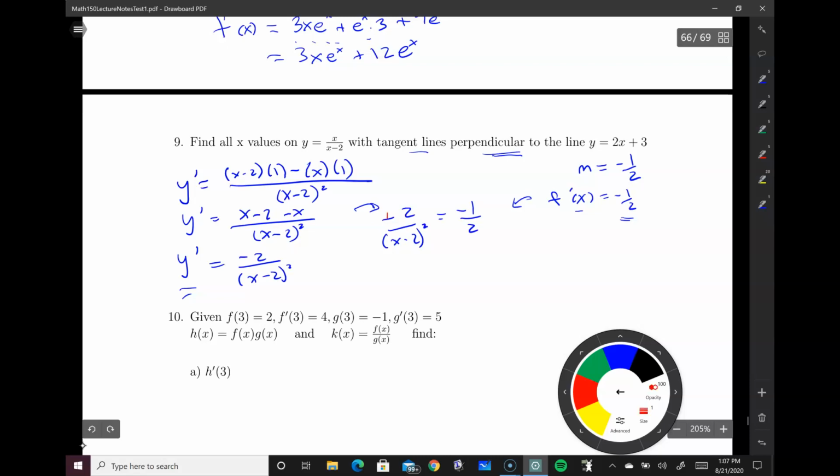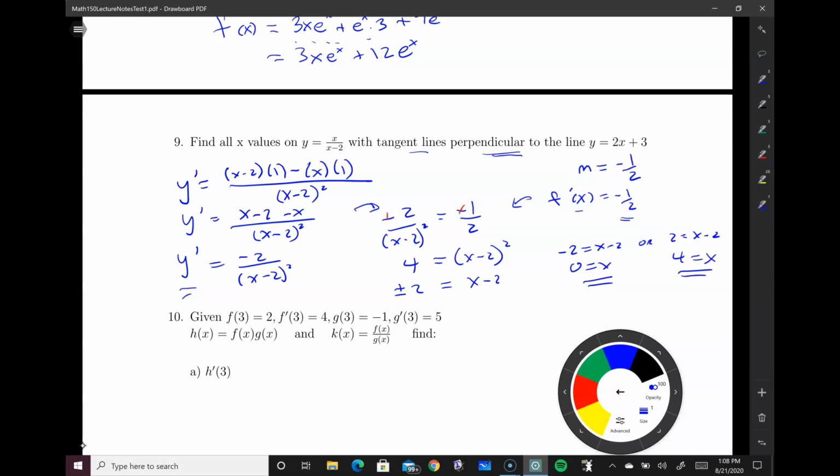Let's cancel the negatives and cross multiply, right? So I'll get 4 is equal to x minus 2 squared. Then I take the square root of both sides, so I get a plus or minus 2. So I get negative 2 is x minus 2, or 2 is x minus 2. Solving this one, I get 0 is x. Solving this one, I get 4 is x. So I get two different x values where the tangent line is perpendicular to that line.